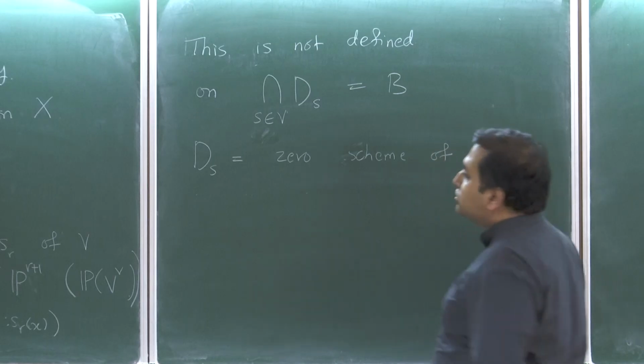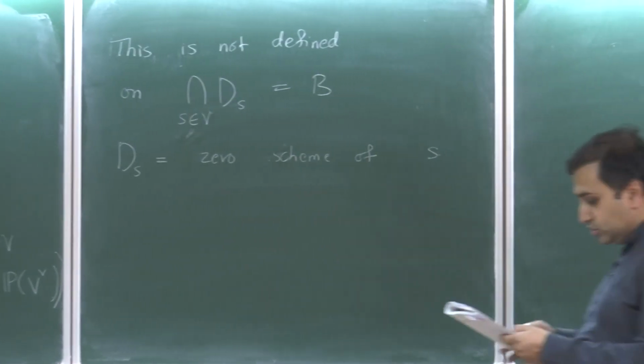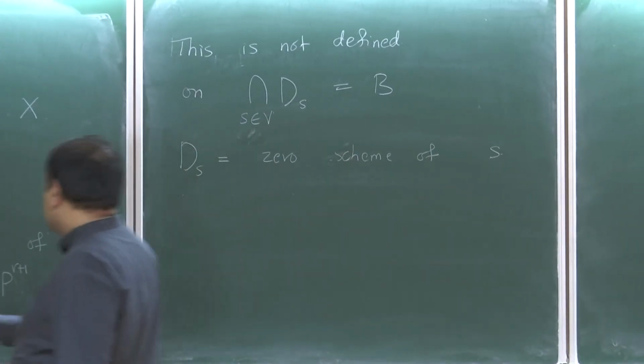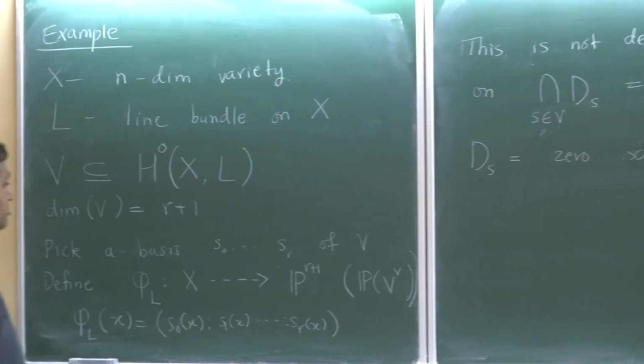Since s is a section of L, I can look at its zero scheme.